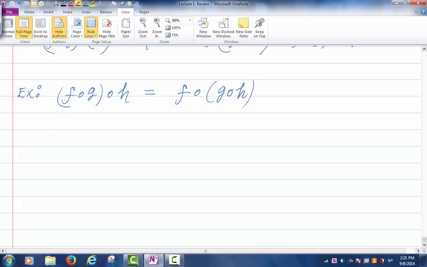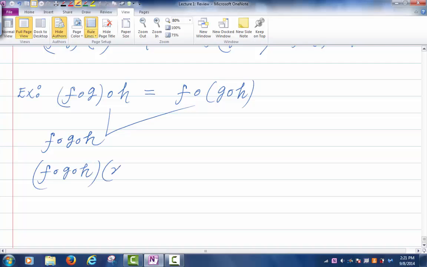So if I write just f circle g circle h, right? If I write this function, I mean one of these, okay? Does that make sense? That symbol f circle g circle h means one of the two. Okay? So what would that be?